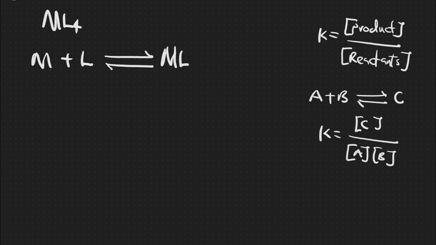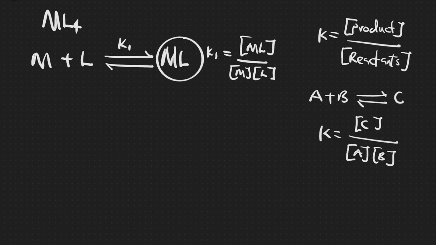So now we have reacted a metal and a ligand to produce this ML. The equilibrium constant here, for the first step, is going to be K1 equals the concentration of the product, ML, all over the concentration of the individual reactants. Then for the second step, we carry this same product to react further with another ligand.